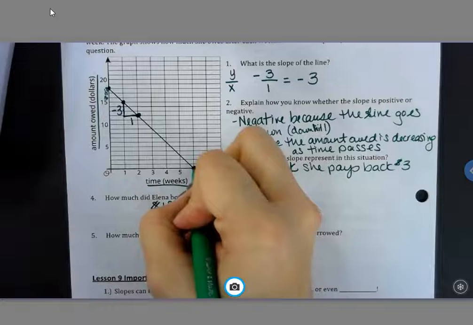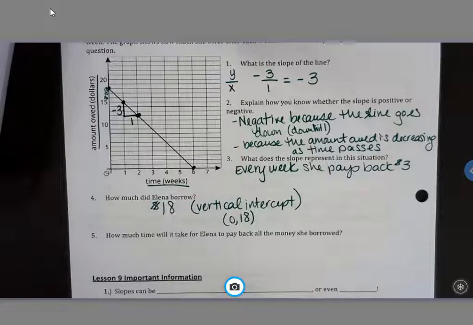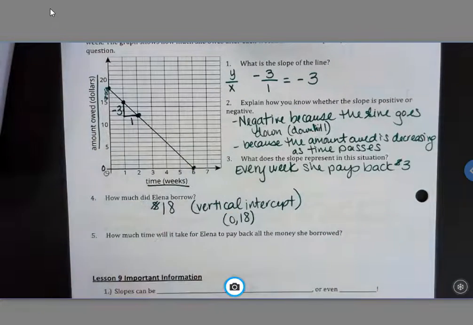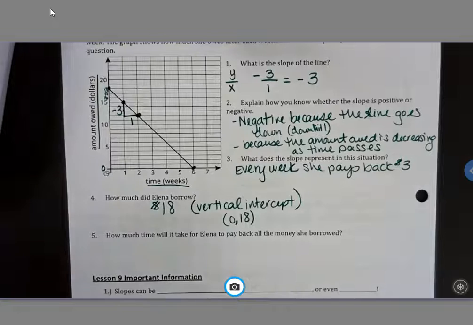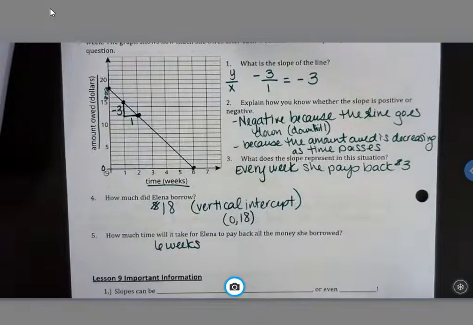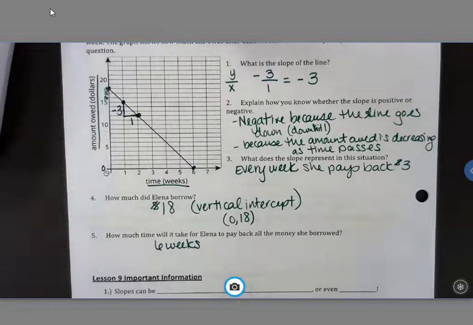Hopefully, you found the x-axis, the point where it's at $0 owed, and it will take 6 weeks for Alina to pay back all the money she borrowed.